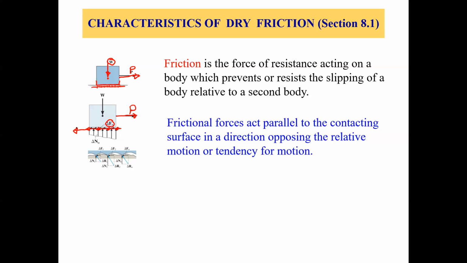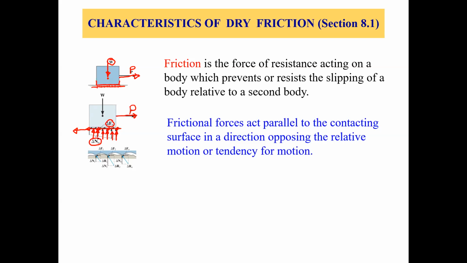Then we know that we have the weight of the block acting downwards. Whenever there's a weight of a body and the body is placed on some floor or surface, we have a normal force. This is the normal force, which is acting upwards, because weight is acting downwards.